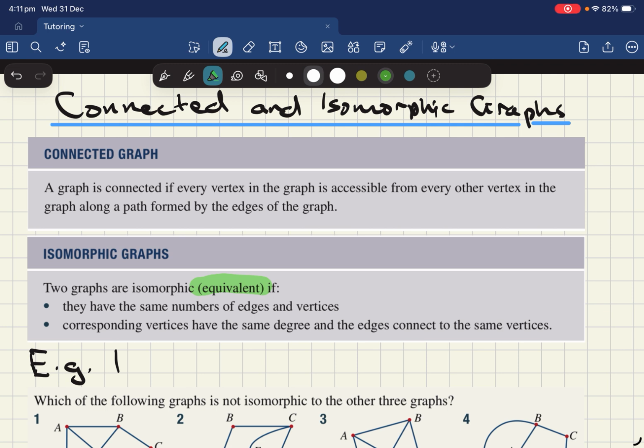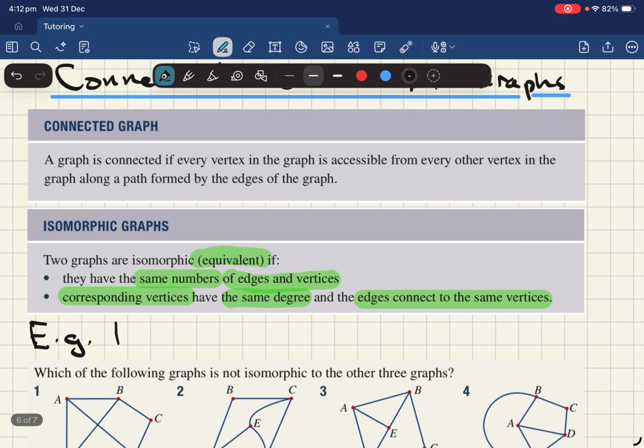Now, in terms of these graphs, two graphs are isomorphic if they have the same number of edges and vertices, and the corresponding vertices have the same degree and the edges connect to the same vertices. So it's essentially just saying that it's a different way to communicate the same information when we talk about a graph. So the graph has all of the other things in common, so same number of edges and vertices, and the corresponding vertices have the same degree and the edges connect to the same vertices.